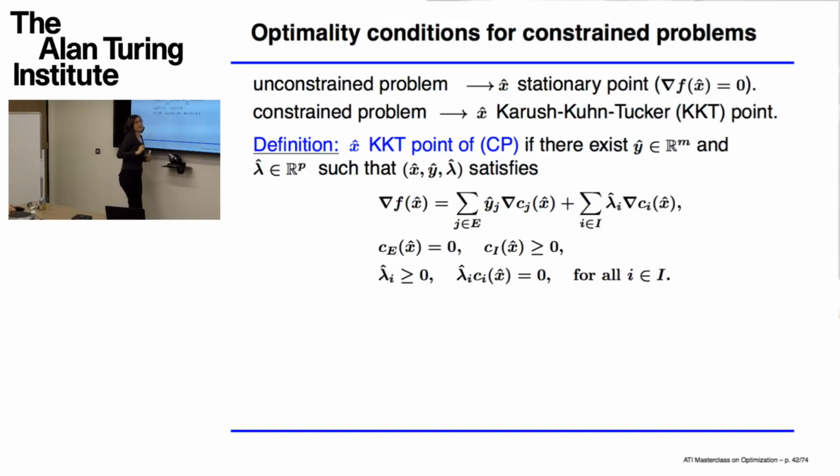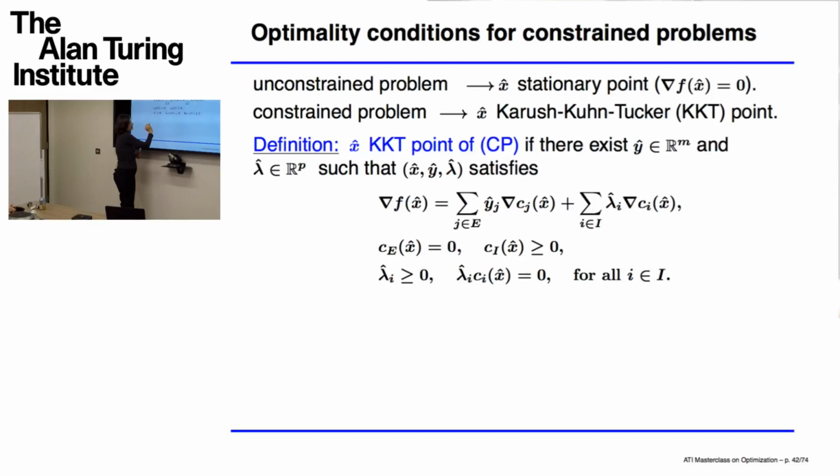For equality constraints, their coefficients come into this linear combination with any sign. Okay, so it's simply a linear combination. But for inequality constraints, the sign matters, and it's in fact a conic combination. All right. So roughly, the gradient of the objective is a linear combination of constraint gradients.